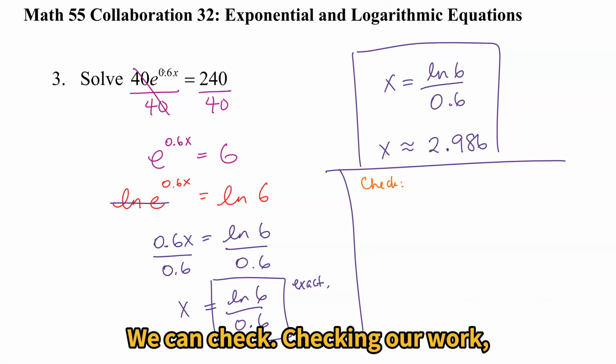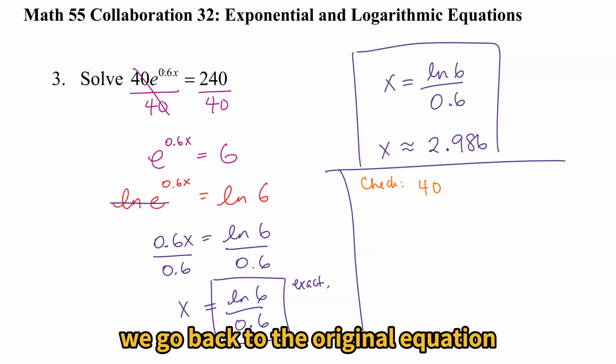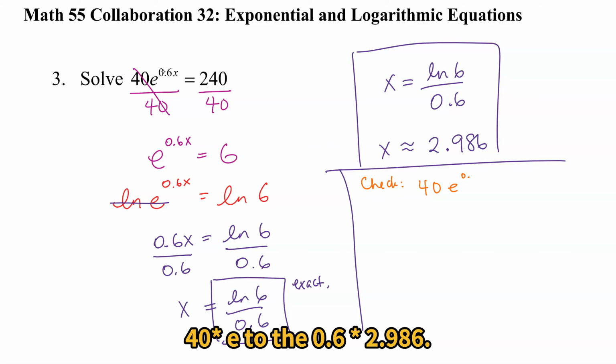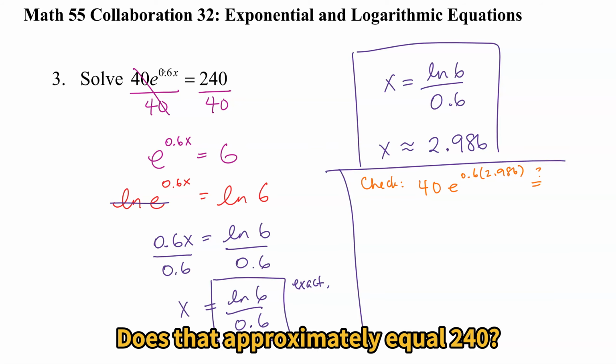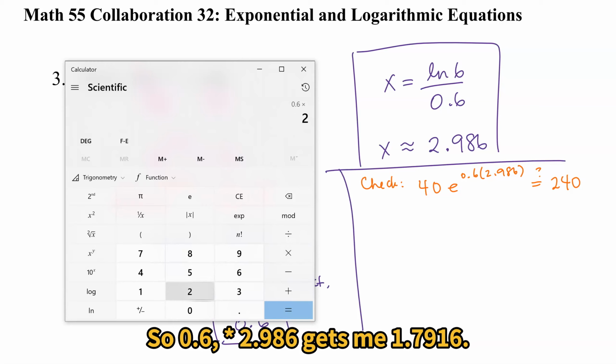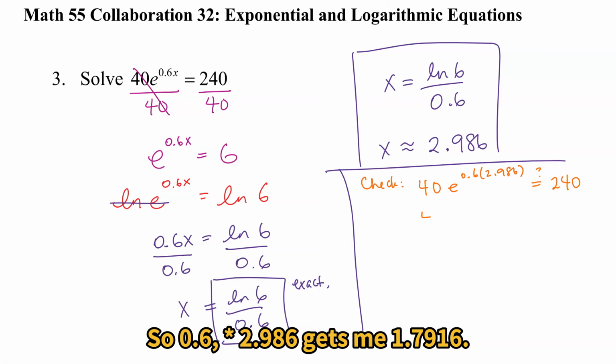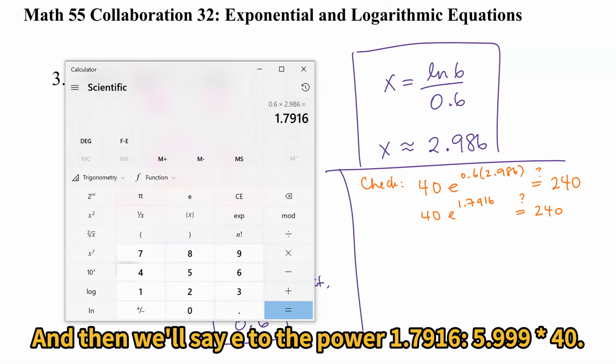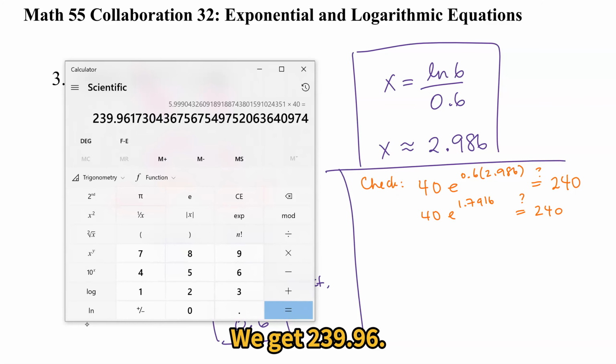We can check. Checking our work, we go back to the original equation, 40 e to the 0.6 times 2.986, does that approximately equal 240? So 0.6 times 2.986 gets me 1.7916, and then we'll say e to the power 1.7916, 5.999 multiplied by 40, we get 239.96.